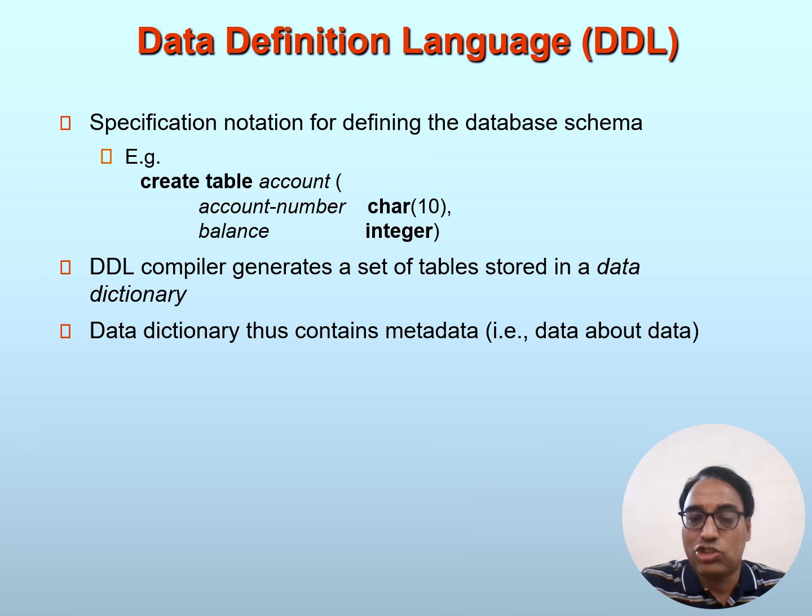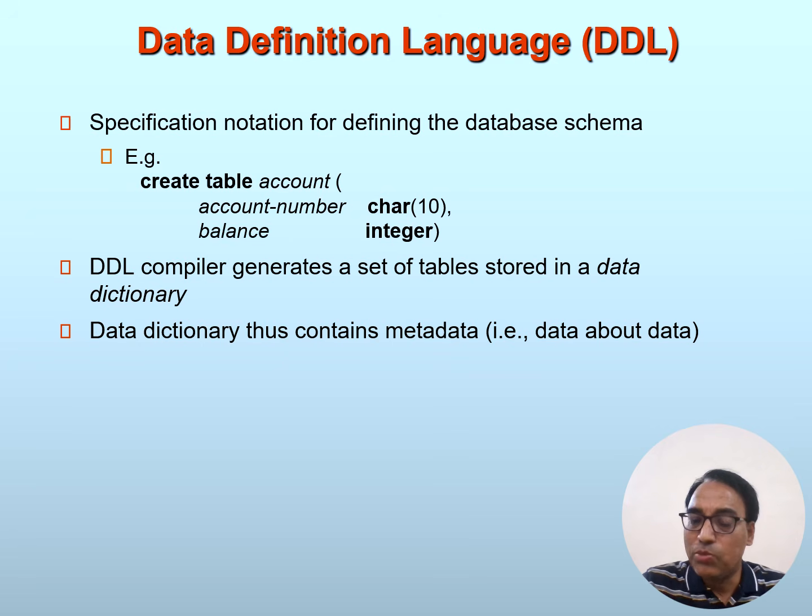I'm declaring two more strings here. The first string, account, denotes the table name. After opening the bracket, I put account number character 10 and balance integer. So this main bracket closes here.